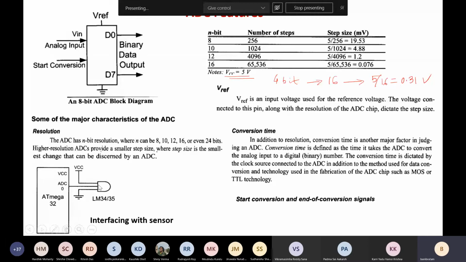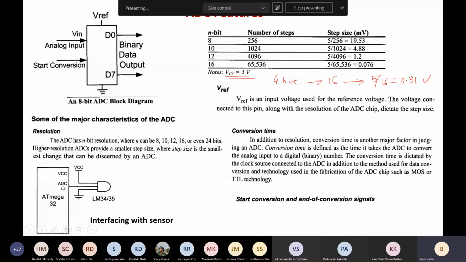So the output of the sensor you can connect to the ADC0 pin of the Atmega32 microcontroller. What does it mean? This LM35 temperature sensor will give you an analog voltage output depending on your ambient temperature, and that voltage signal will be connected to the ADC.